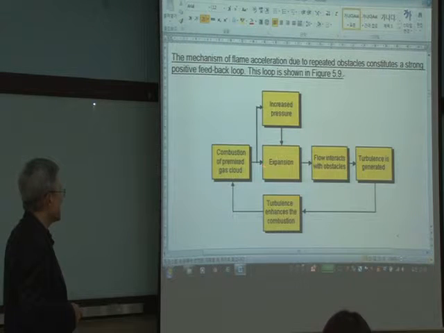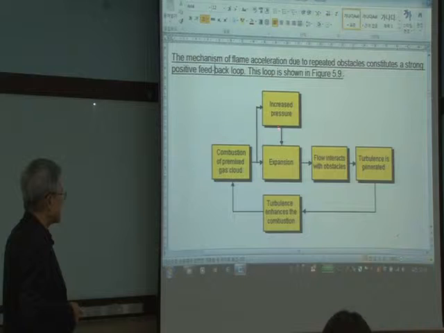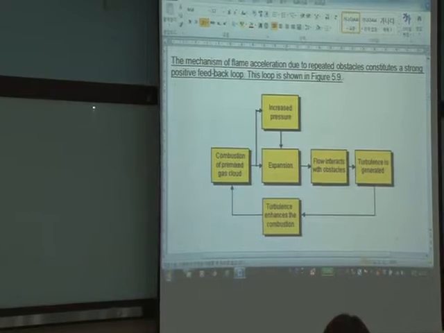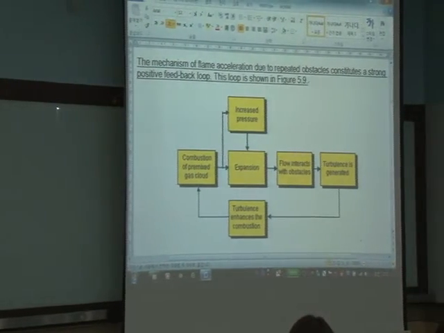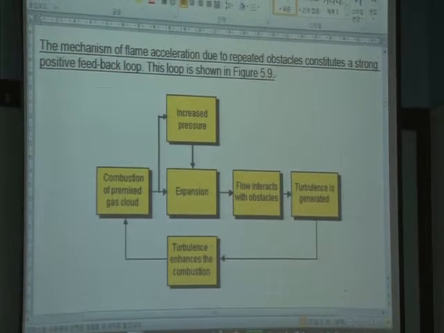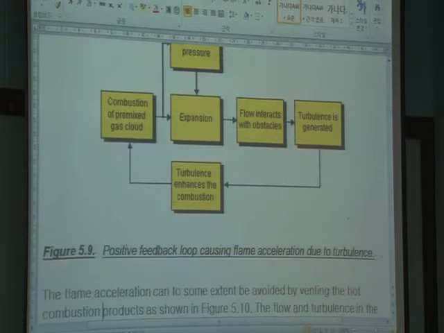And of course, due to the turbulence, pressure will be increased. Then in the second cycle, it could go around here and keep doing it. This is some basic mechanism for the flame acceleration due to the repeated obstacles.